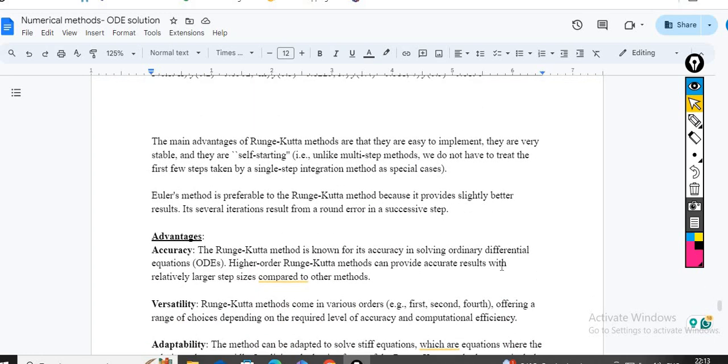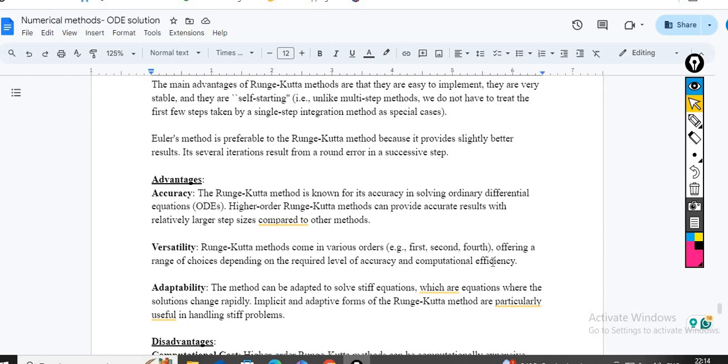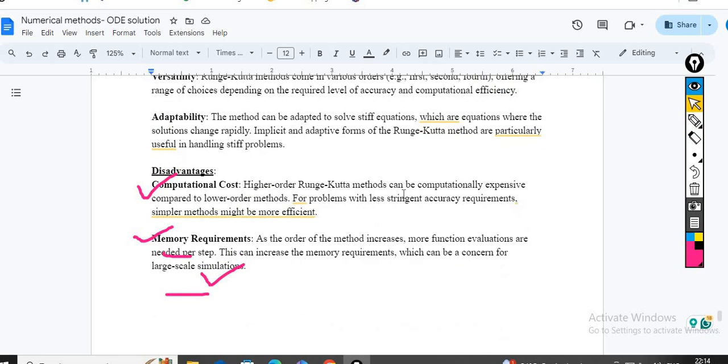The advantage of this particular method, the Runge-Kutta method, is that it is very accurate. Versatility is also very high, so you can use it for higher order also, and you can write a simple program for this method. Adaptability is also very high, but there are some disadvantages.